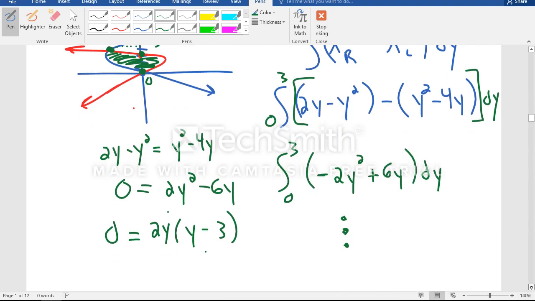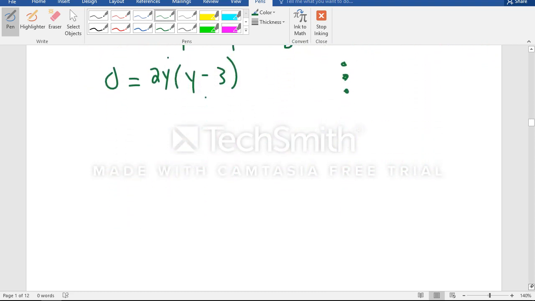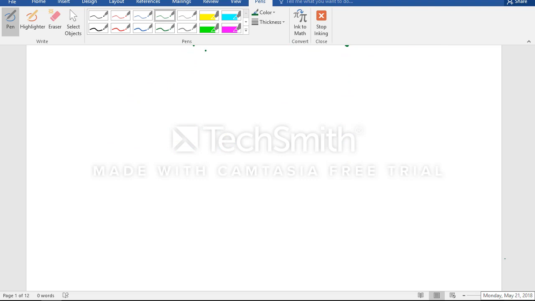All right, let's take a look at one last example where we might have an application of this concept. All right? So one last example here. Let's consider something like a word problem.